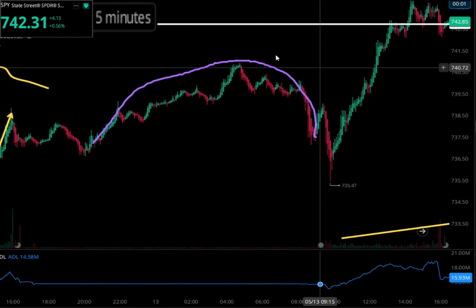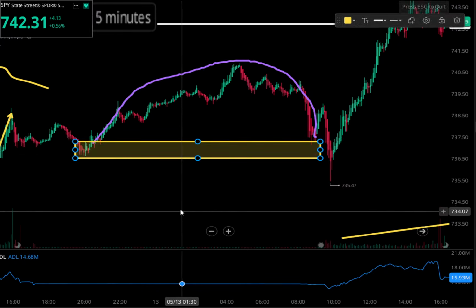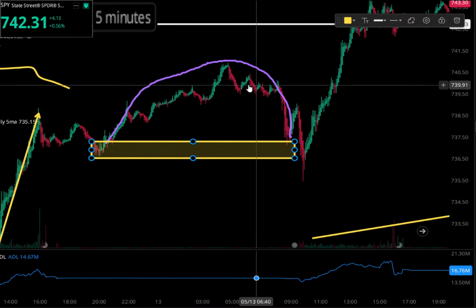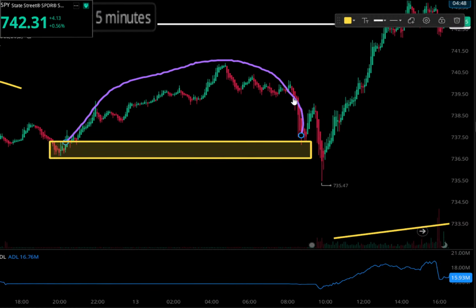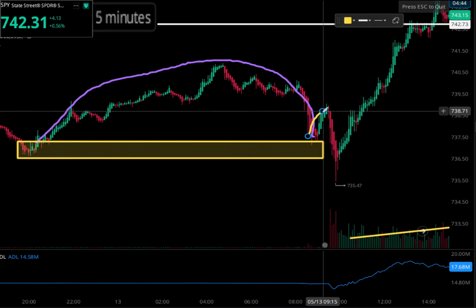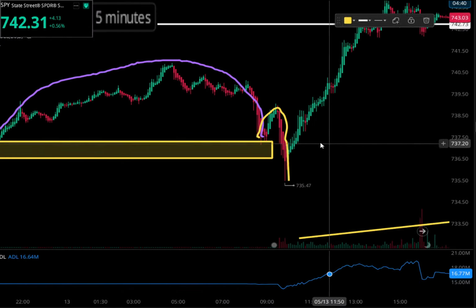There's no doubt about that. We see that the bottom here is holding the same ranges. So this is a very strong inverse cup, which is telling us this is a bearish pattern. From this bearish pattern, we're expecting further downside, which we got.